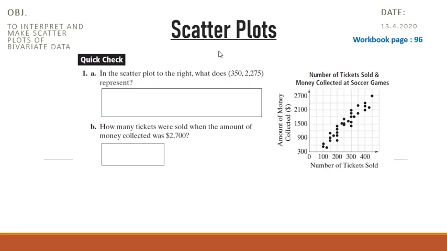So 350 represents the tickets sold, great. And 2275 represents the money collected at soccer games. Excellent. So 350 is the tickets sold, the number of tickets, and the money collected is 2275.